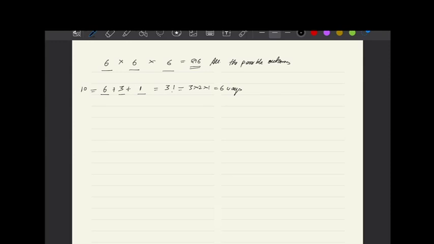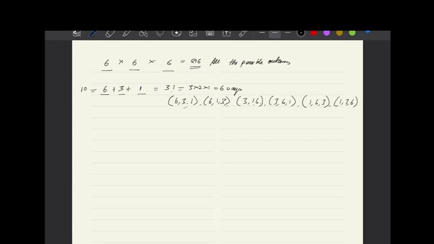Now just to demonstrate, I'll show you all the possible ways in which we can get these three numbers. You can get 6 3 1, 6 1 3, 3 1 6, 3 6 1, 1 6 3, 1 3 6.